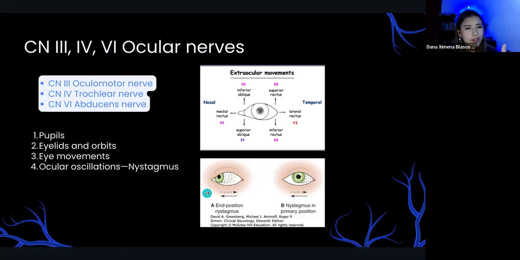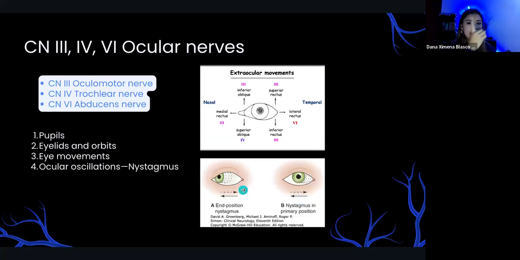And maybe if you don't get this properly, you could look further in a video at how nystagmus is seen. But nystagmus in primary position is like this: if we have our eye looking forward, maybe the eye is moving like this. All right, that's a kind of nystagmus. So this is going to be a nystagmus in primary position.